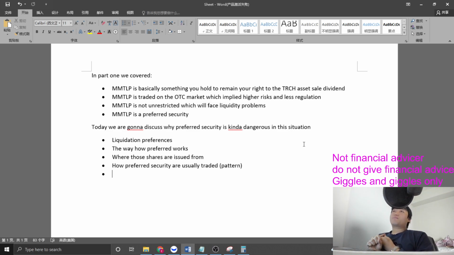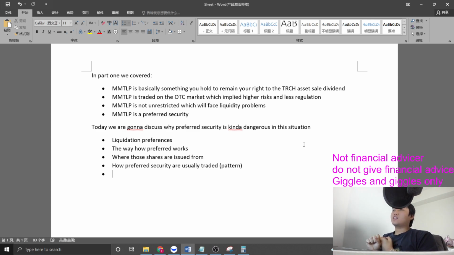You can only place limit orders. If you're trying to place market orders for this, it won't work. If you want to buy and sell this on TD Ameritrade or Fidelity, you have to place limit orders, because the whole market making process is very complex when you're dealing with OTC.